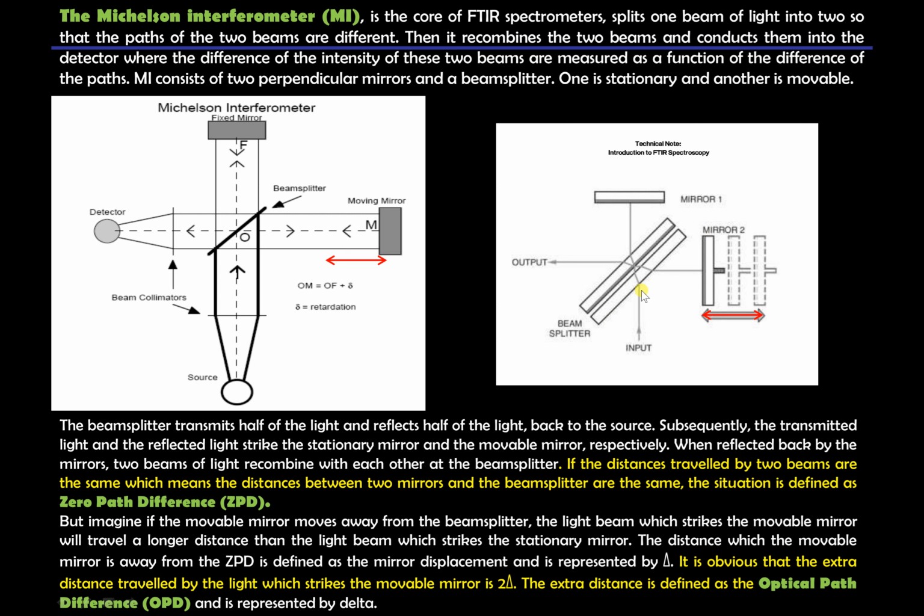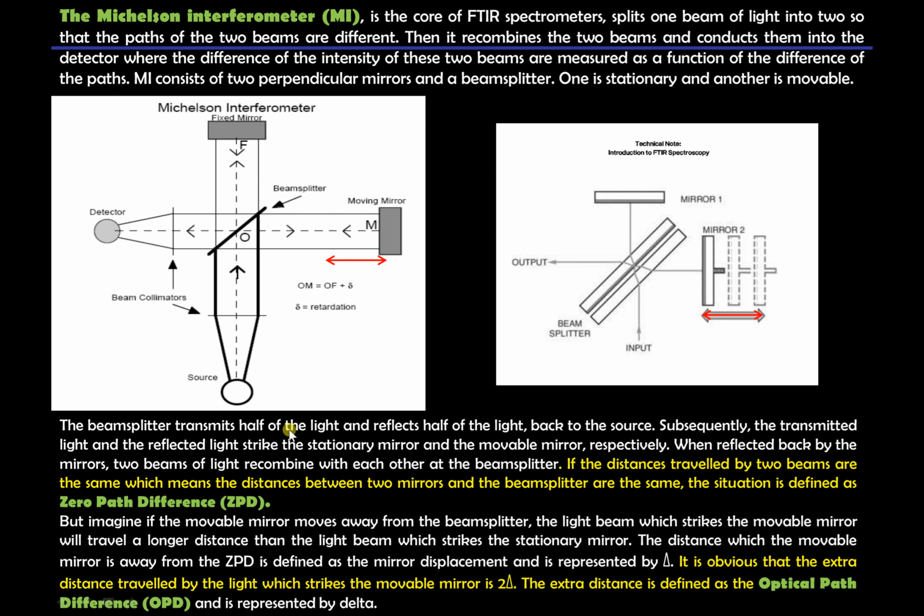This is an input, and this is a beam splitter, and it is splitting into two parts. One is a fixed mirror, one is a moving mirror, which keeps on moving like this. And this is again coming back, and is again divided into two parts, goes back to the input and goes to the output, that is the detector.